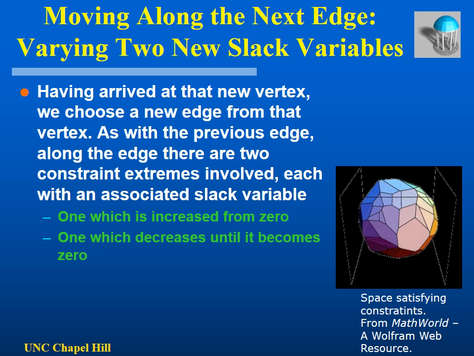And thus, in the first step, we had one constraint variable that was increasing from 0, while another one was decreasing to 0. And the same thing happens in this next step. We now choose another edge, which will correspond to one constraint variable which will be increased from 0, and another one which will be decreased until it becomes 0.